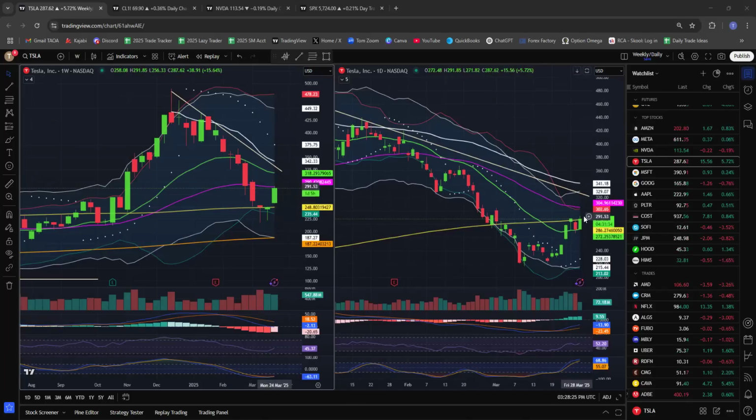Where if you're buying a slightly out of the money call and the thing rockets up, then you can sell another slightly out of the money call for the exact same amount that you paid. I'm sorry, you buy the out of the money call. As it moves up, you sell another out of the money call, maybe 20% higher, for the same price, and it turns it into a free debit call spread.